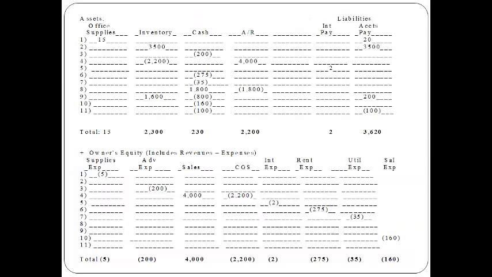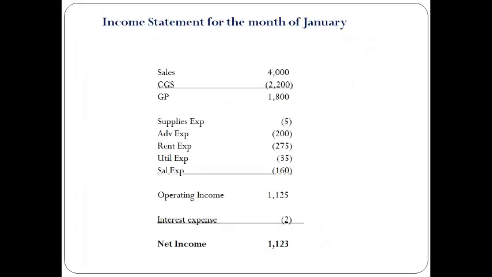Here is a look at the entire spreadsheet after recording all transactions. The accounts are totaled. The account names and the total amounts on the spreadsheet will be reported on the balance sheet and the income statement. The income statement reports all revenues and expense accounts to get to net income.